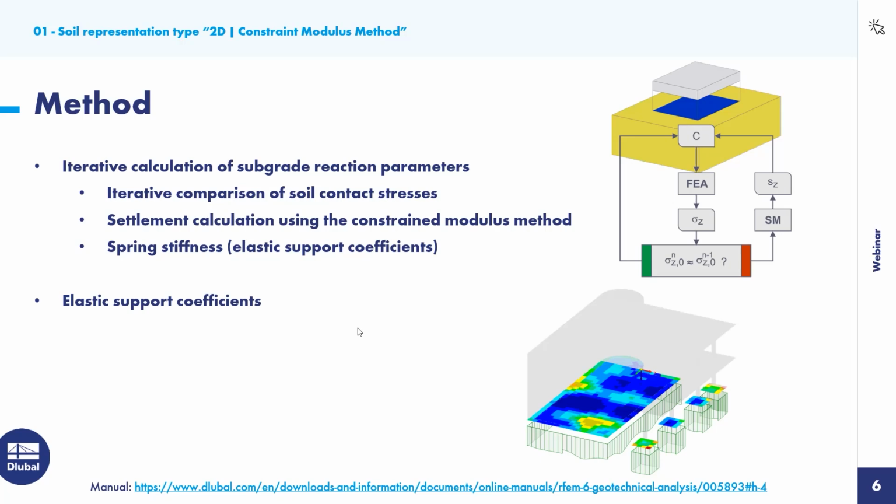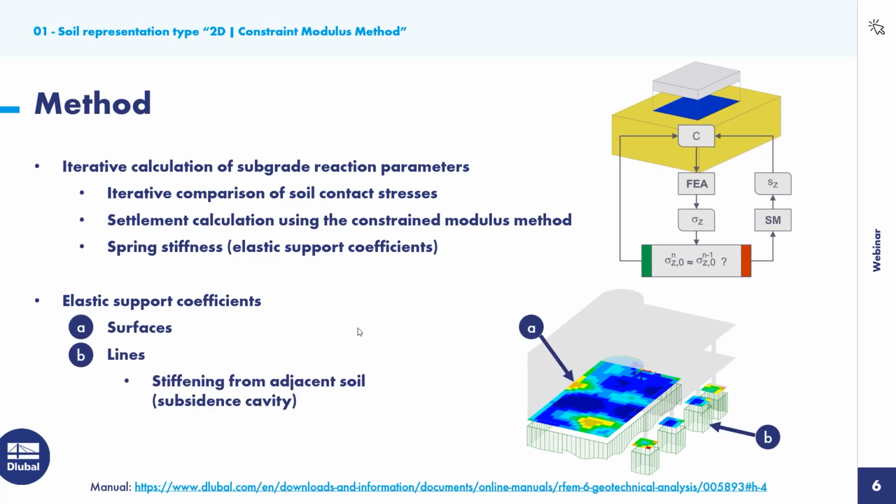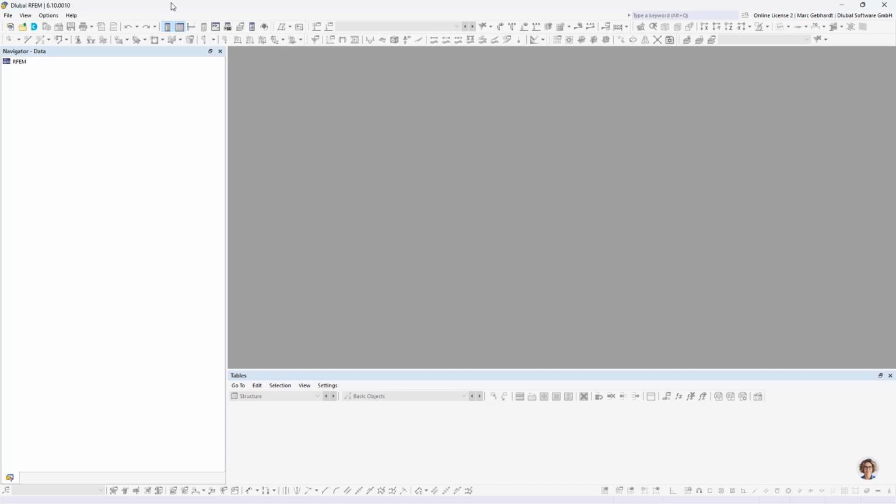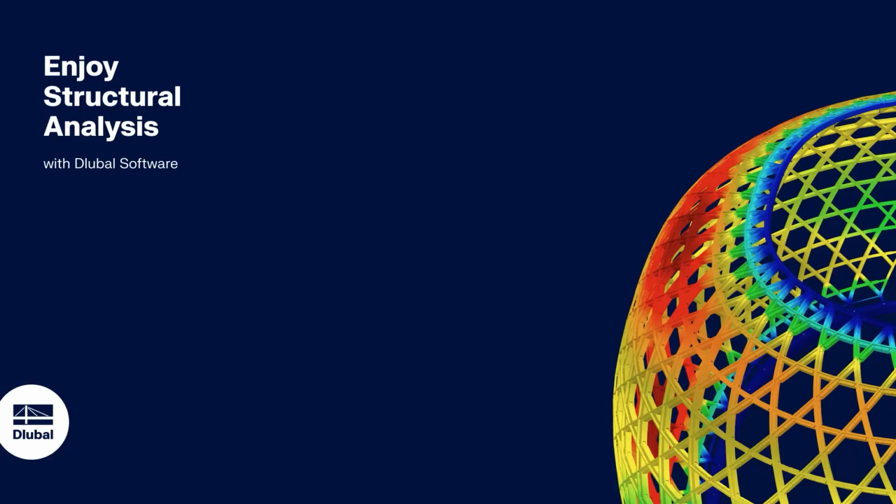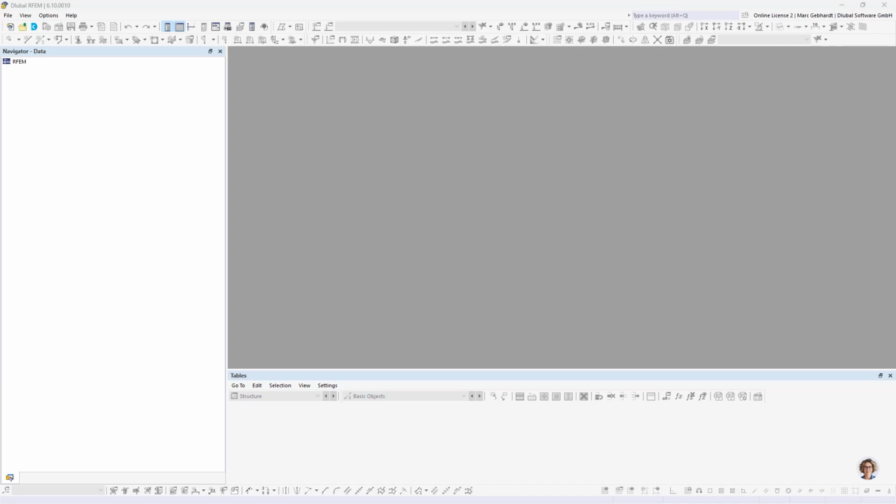They are available first of all for the surfaces, and additionally for the lines, to get additional stiffening from the adjacent soil.